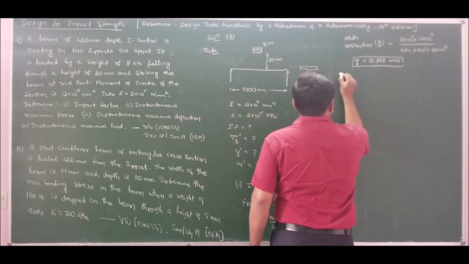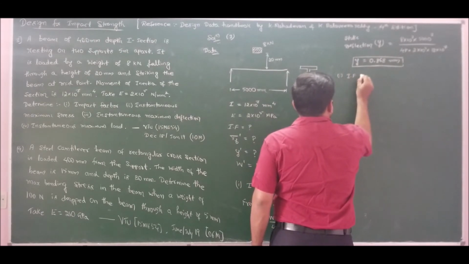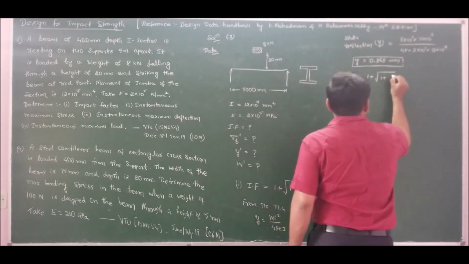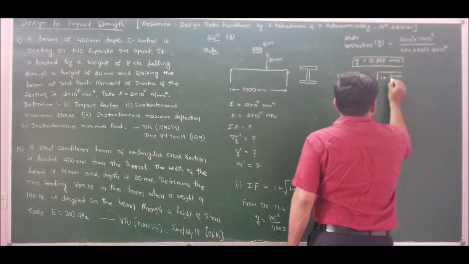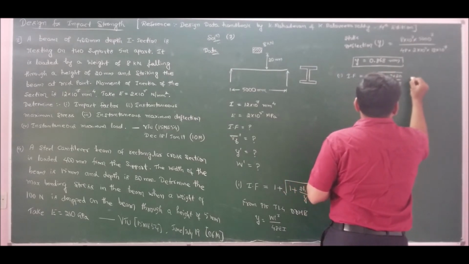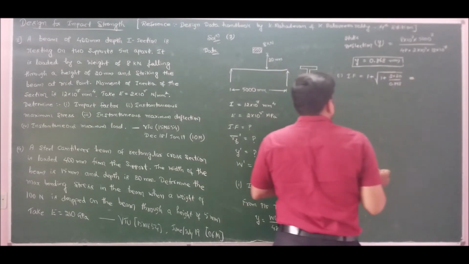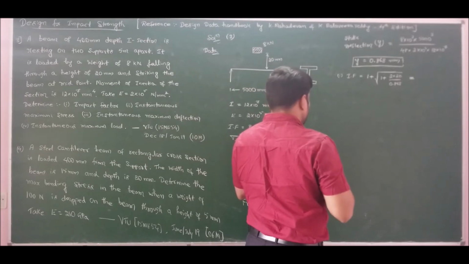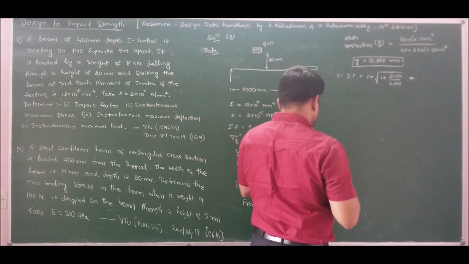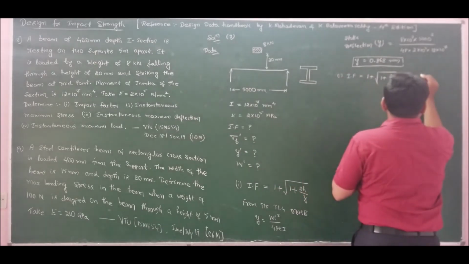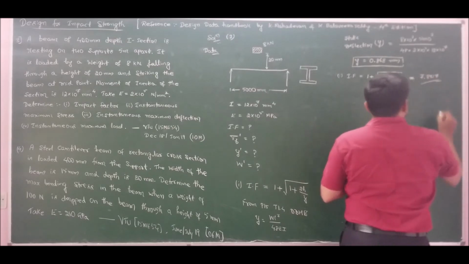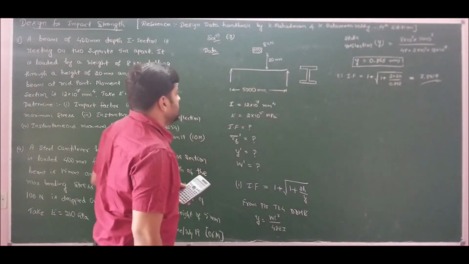Therefore the impact factor will be 1 plus root of 1 plus 2h by y, that is 2 into 20 by 0.868, which is equal to 7.8617. So this is the impact factor for the given problem number 3.